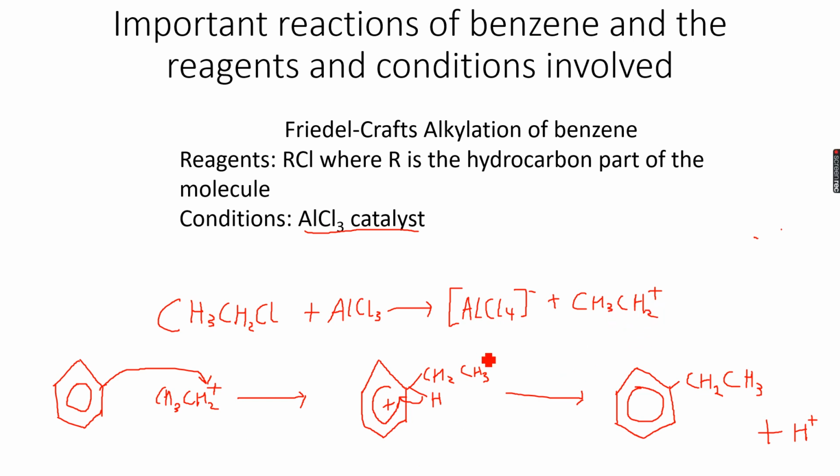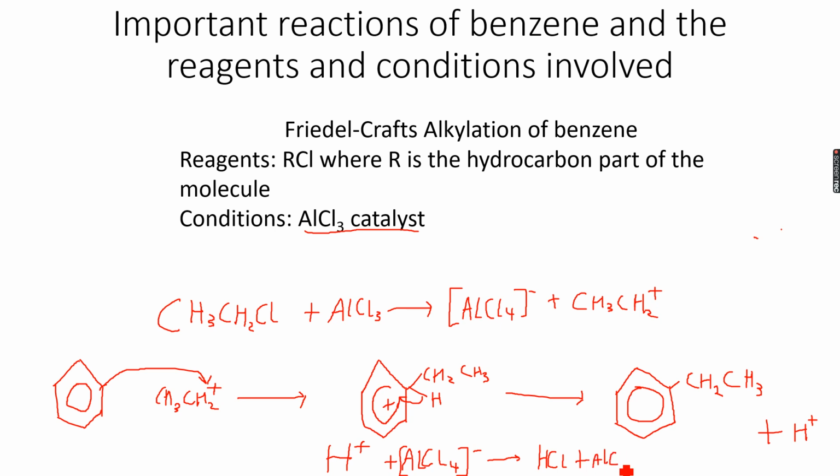So we have the CH3CH2 plus. Now I want to get my catalyst back. I want to get AlCl3 back. So what happens is that the H plus will react with the AlCl4 negative complex to give HCl plus AlCl3.